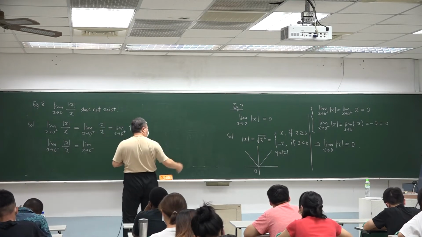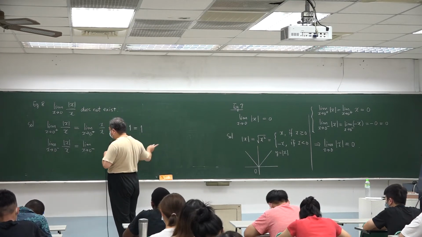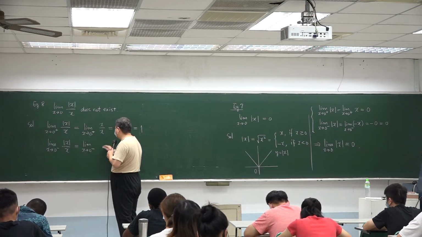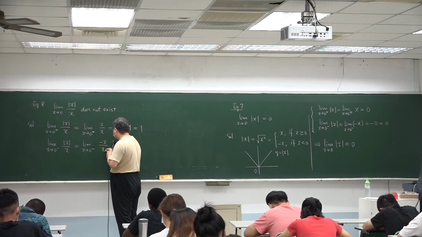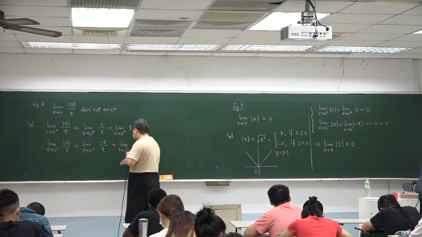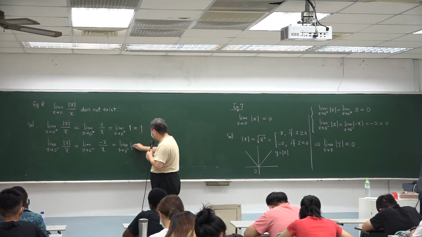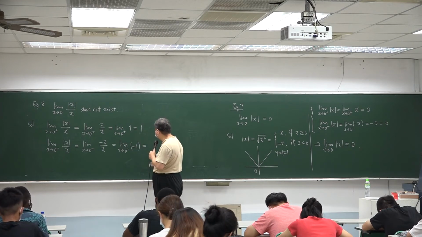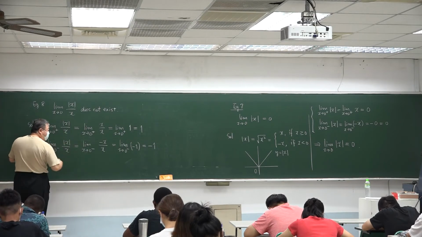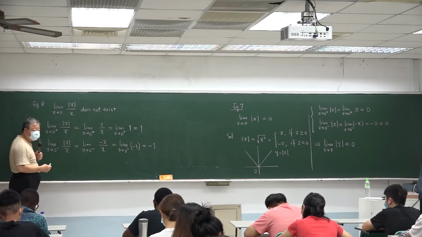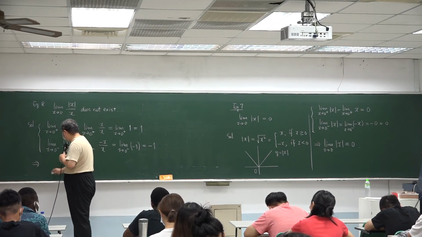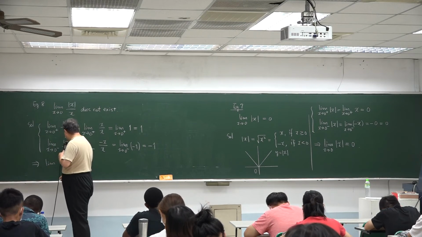Just like before, this time x is less than 0, and the quotient is -1. This is also a constant function. We have two one-sided limits that are different. So by the theorem, we know this limit does not exist.